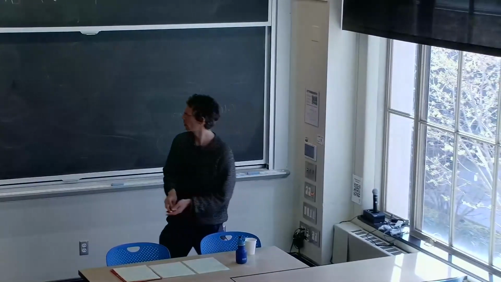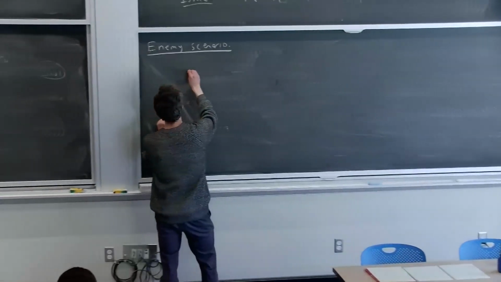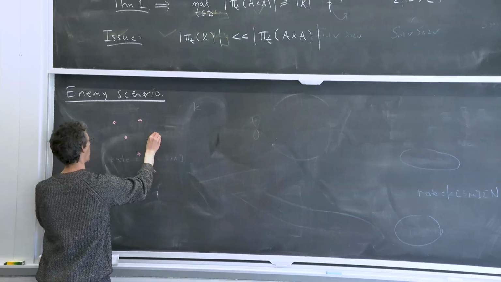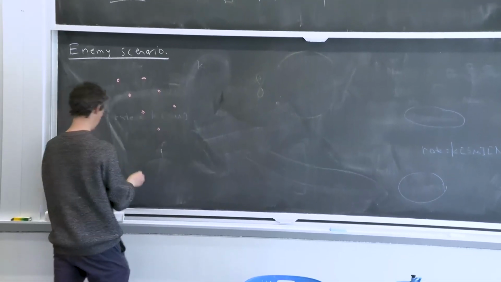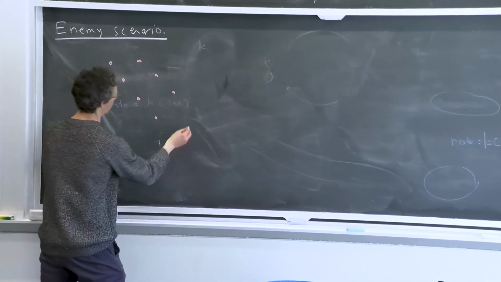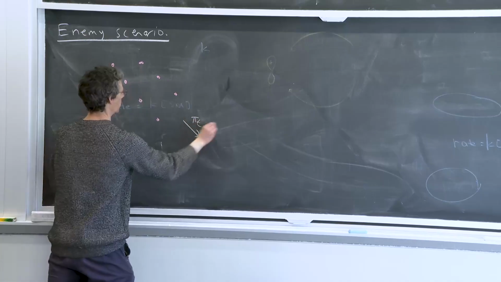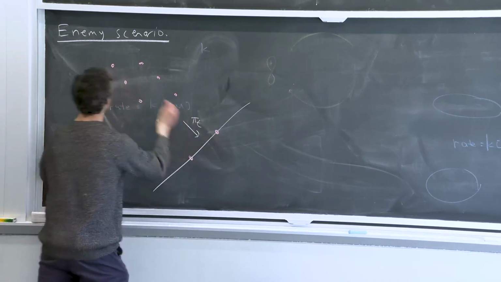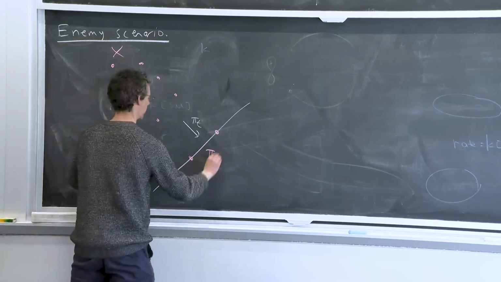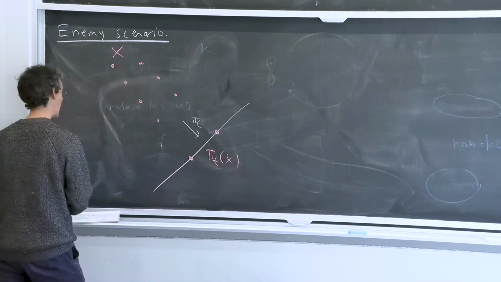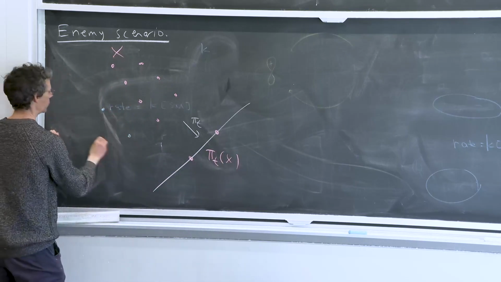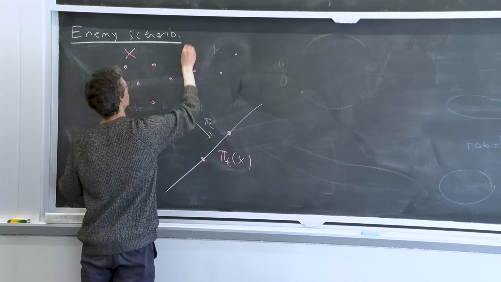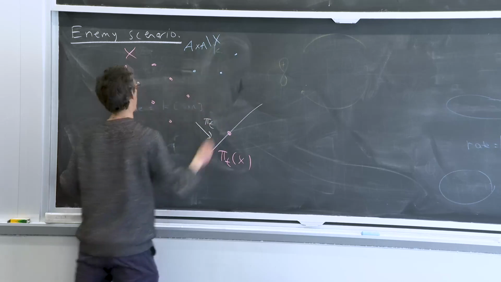All right. So there's a set X, which has a small projection. So we're going to be doing a projection, say, in this direction. Projection of X is small. OK. And X is a big portion of this larger set, A cross A. So in blue, we have A cross A without x.